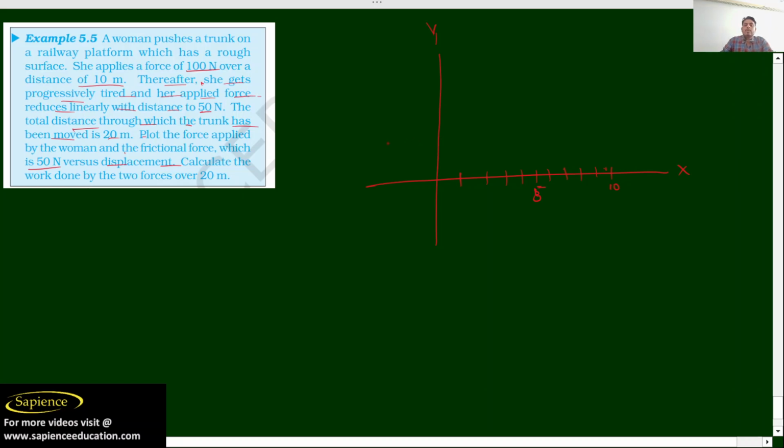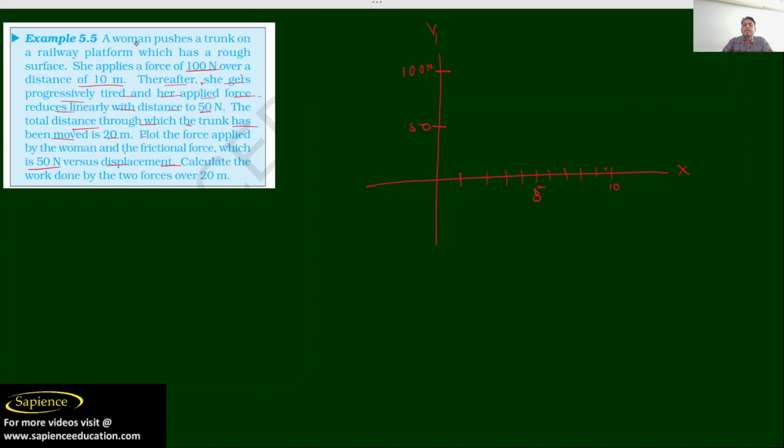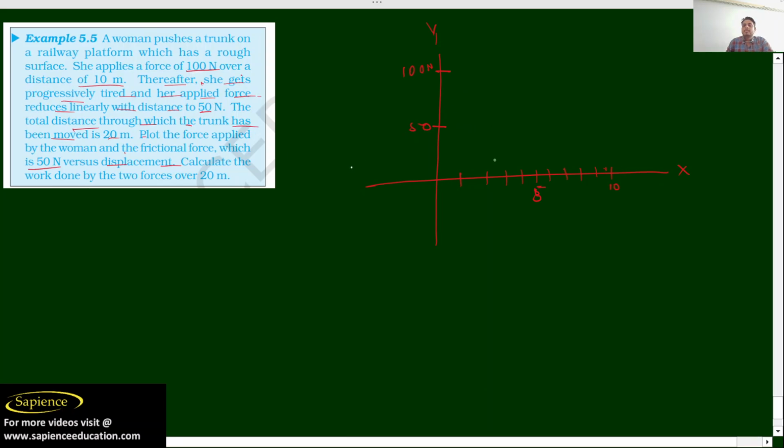And if I talk about the force, suppose this is 15 Newton force, this is 100 Newton force. Now, for a distance of 5 meter, how much force does she apply?